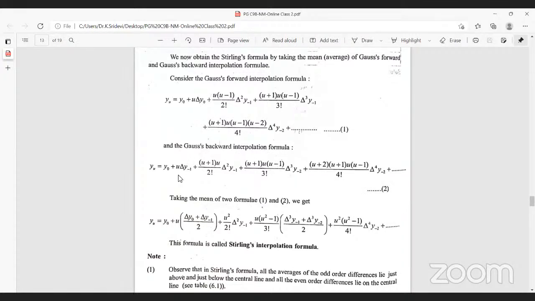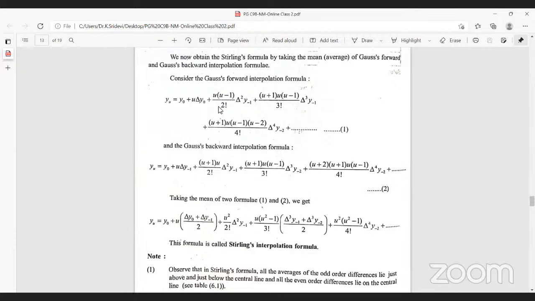Now, what is the average of these two formulas? Take the first term as it is, plus U. Second term, delta Y0 plus delta Y1 by 2. So Y0 plus Y0 by 2, that is 2Y0 by 2, that is Y0. And from the second term, the average is this one plus this one by 2, that is U into this one.